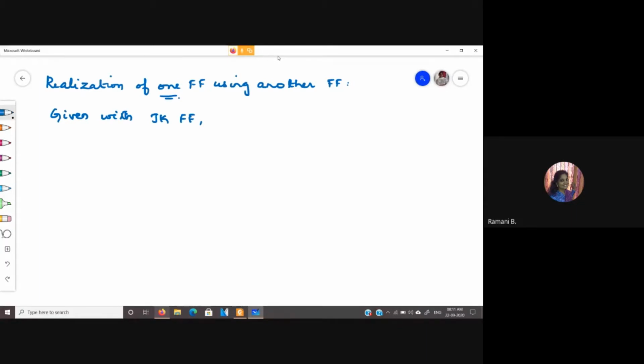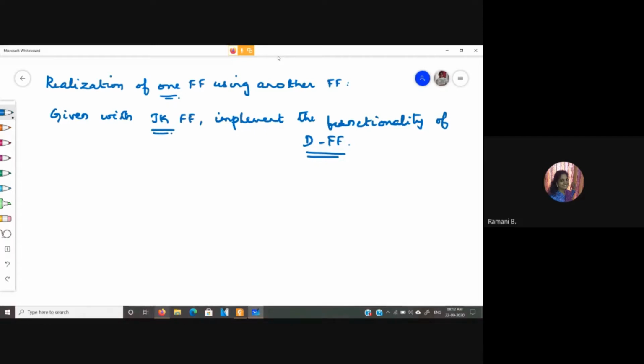So given a JK flip-flop, implement the functionality of D flip-flop. You should be able to do this with any flip-flop like this. So you want the operation of D flip-flop to be performed using JK flip-flop.